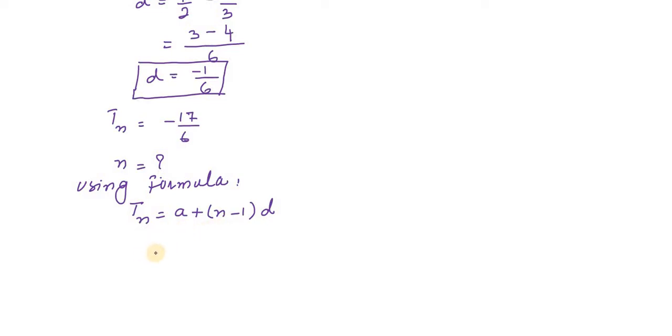In an arithmetic progression the difference between two consecutive numbers is fixed. So put the value of Tn, and A is 2 upon 3, the first term of the progression, plus n minus 1, where we have to find n, and the difference is minus 1 over 6.